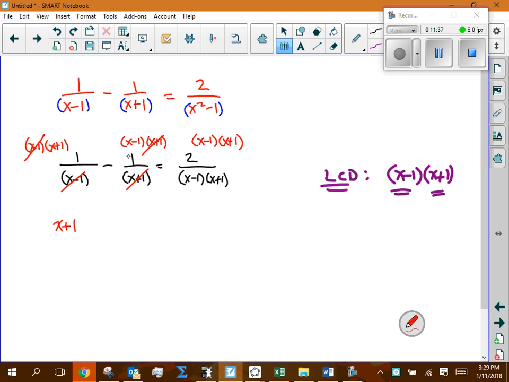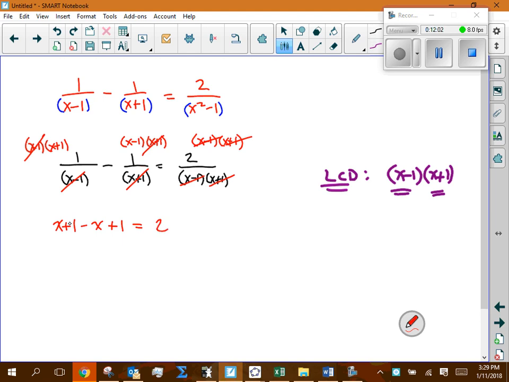So now here's the only thing you're left with, it's a negative 1 times this thing. So it's negative 1 times x, which is just negative x, and then negative 1 times negative 1, which would be positive 1. Just be careful with that. And then over here, those completely cancel out, and that leaves me just 2.